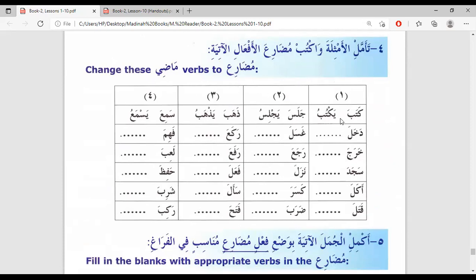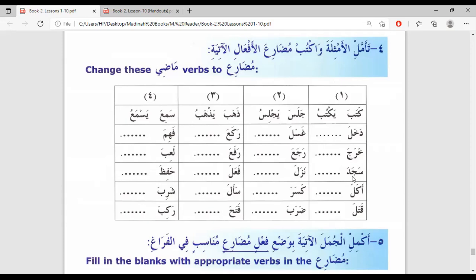Okay, so first we have the pattern of نصر ينصر. كتب يكتب. دخل يدخل. خرج يخرج. سجد يسجد. Excellent. So the second root letter has Dhamma.